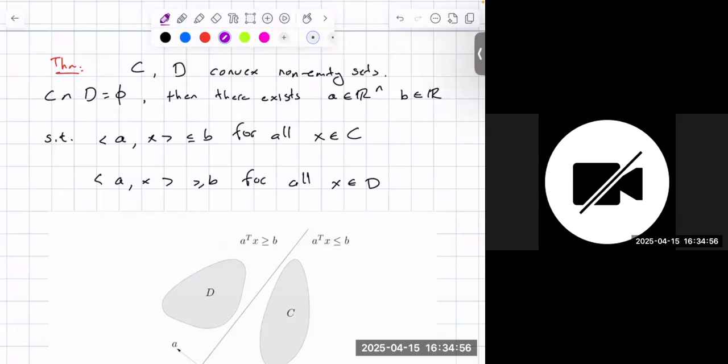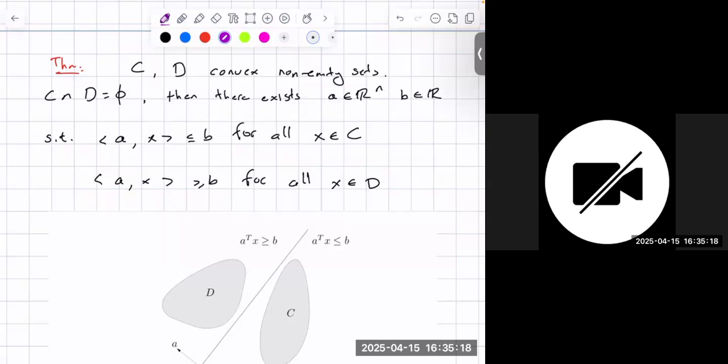If they're not intersecting, you can always find a line to separate them. And this is only true because the shapes are convex. If you have more complicated shapes, you may not be able to do this, okay? If you're in 3D, replace the line with a plane, and in higher dimensions, again, something like a plane, but with more dimensions, okay? That's the first fact we would need.